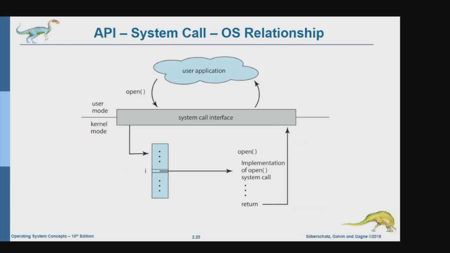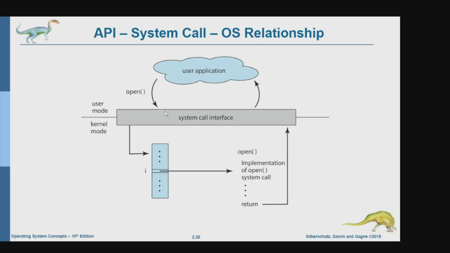How does it work? We have the API, and then we have the system call, and then we have the OS. Using the operating system, we have two types of mode, user mode and kernel mode. And then this system call interface will interact with the user program or application. Let's say this is Telegram.